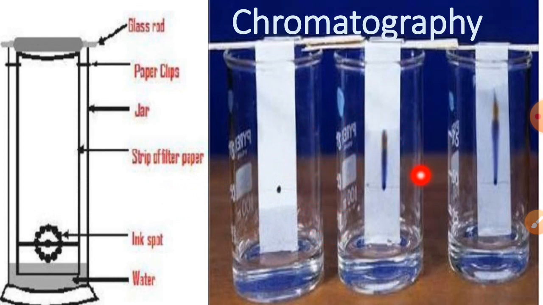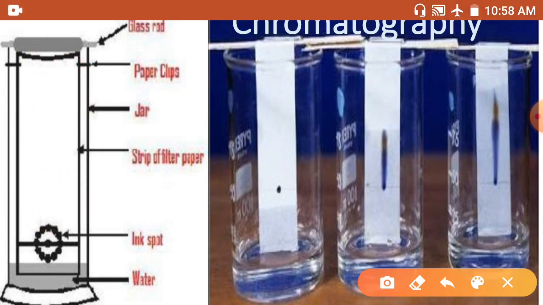So let us start the activity. Take a paper strip of filter paper, not any normal paper. Take a rectangular filter paper strip and draw a line with a pencil about 2 or 3 centimeters from its lower end.